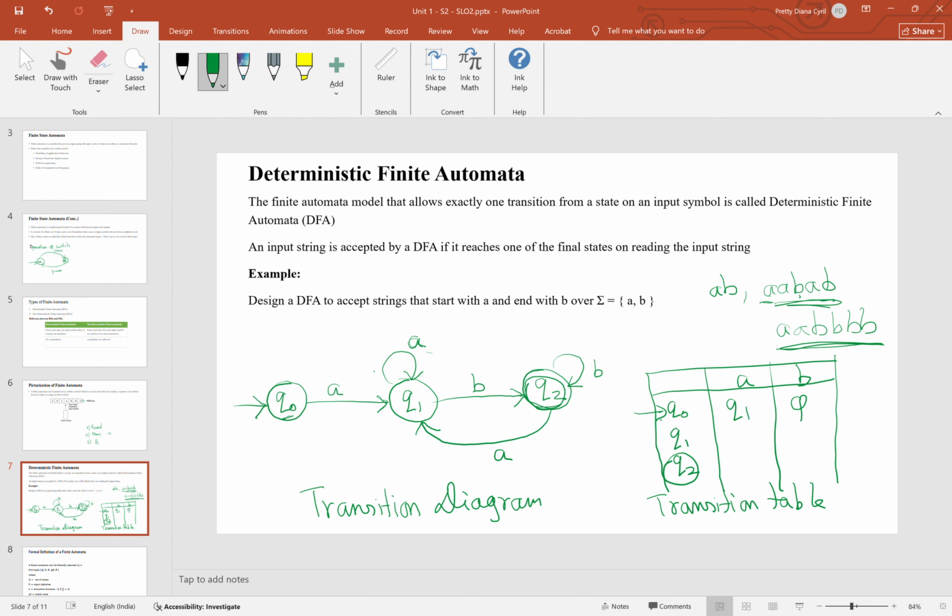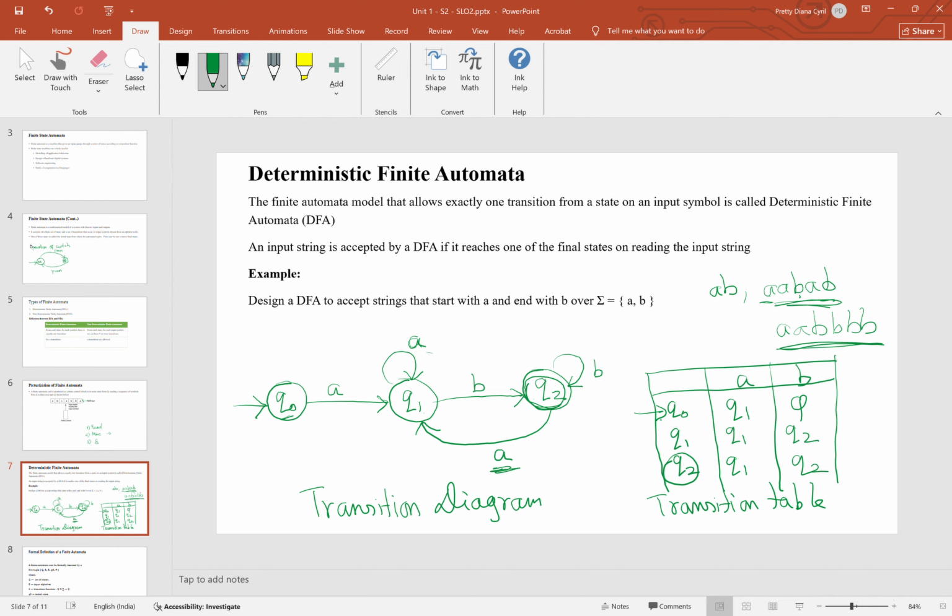Then Q1 comma A remains in the same state Q1. Then Q1 comma B goes to the next state, Q2. Then Q2 comma A goes to the next state Q1. Then Q2 comma B stays in the same state, so it is Q2.